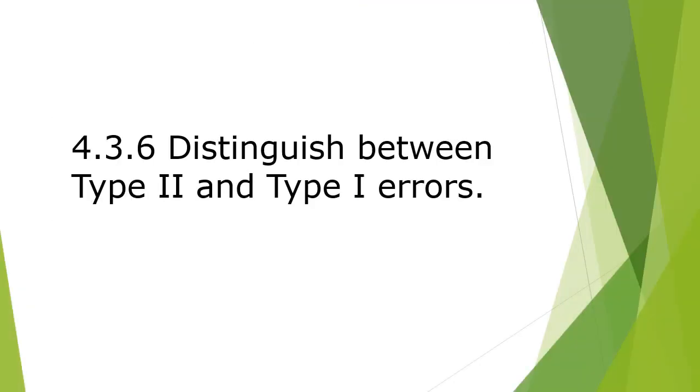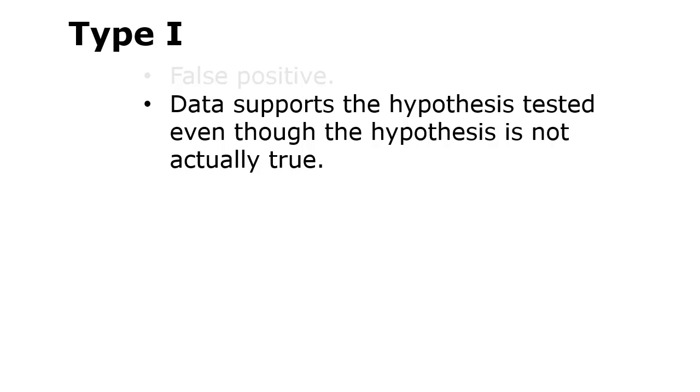So for 436, you need to distinguish between type 2 and type 1 errors. And this is related to calculating inferential statistics. Type 1 errors are referred to as false positives. A type 1 error is where the data supports the hypothesis that is tested, even though the hypothesis is not actually true.